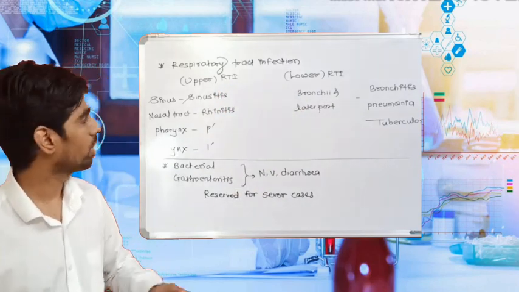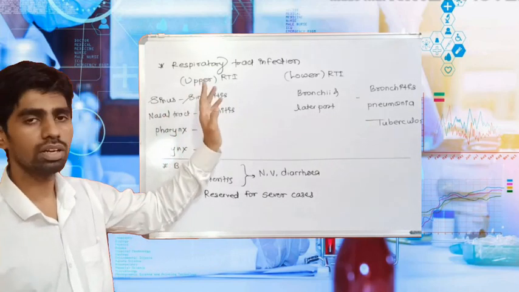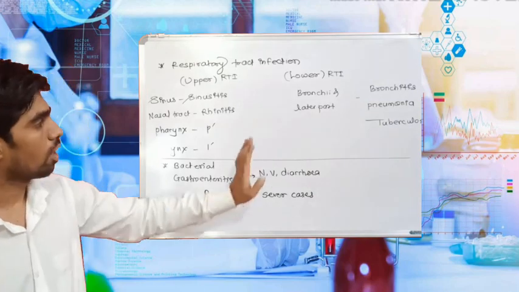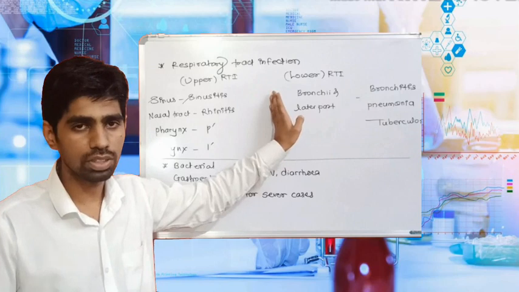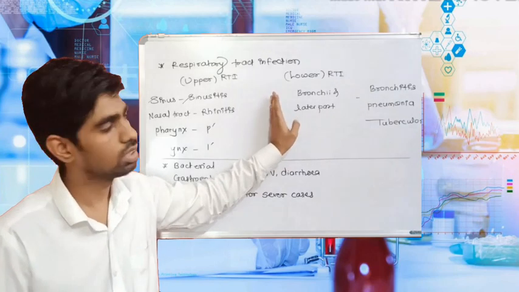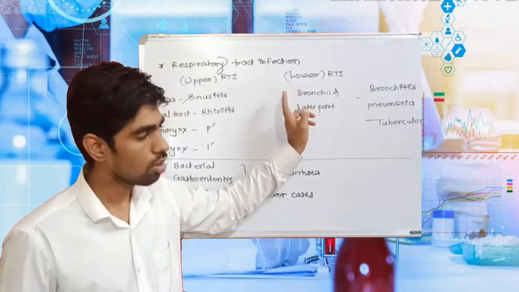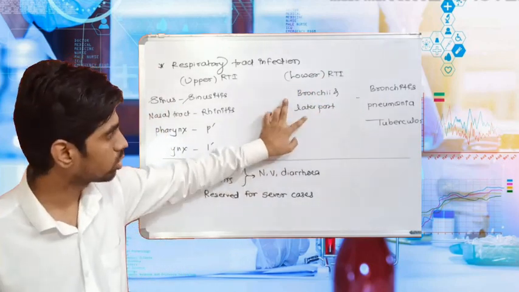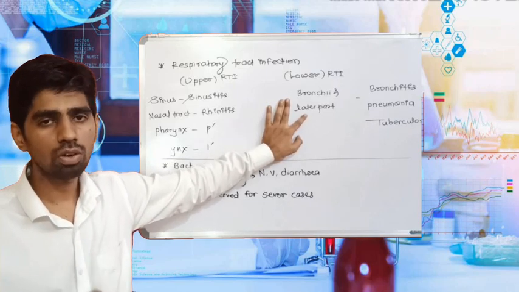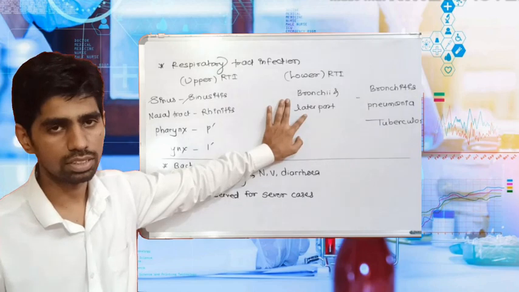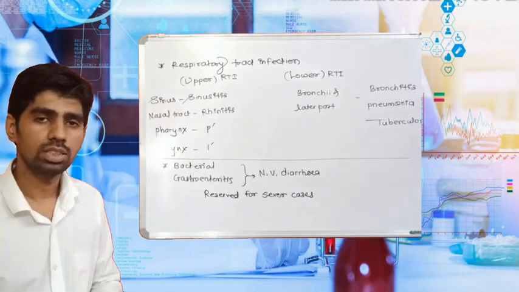Infection associated with the upper parts is known as upper respiratory tract infection, and when the infection reaches the lower part of the respiratory system, which is more serious, it is known as lower respiratory tract infection. Once any infection reaches the lower respiratory part, its cure becomes somewhat difficult and complications increase.